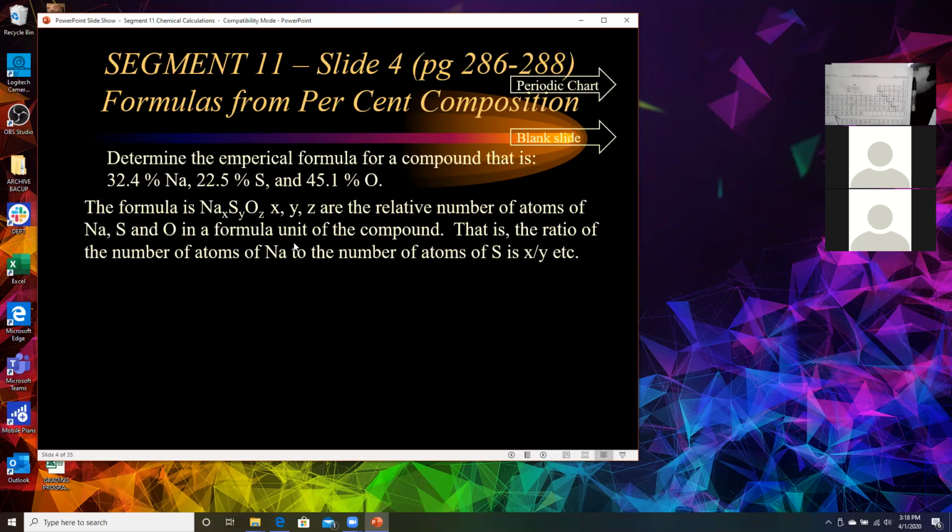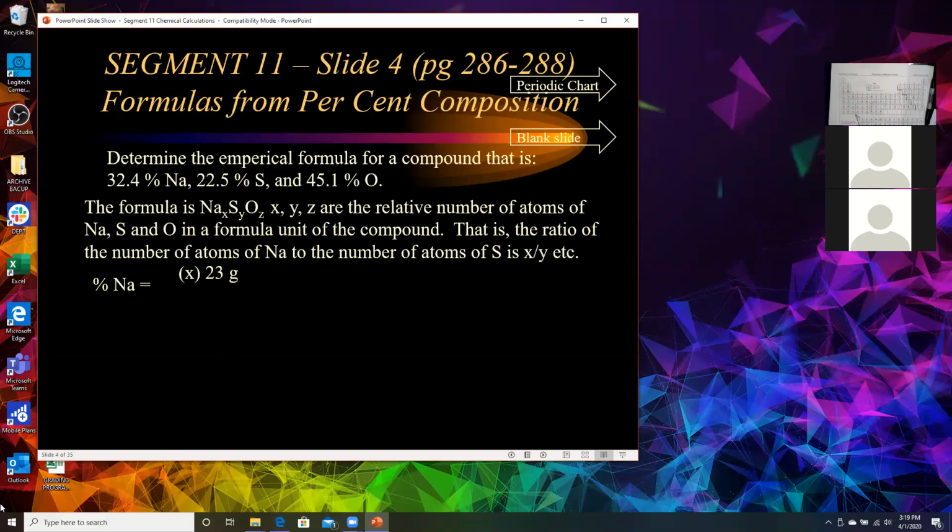So what we're going to do is this. The percentage of sodium, I said sulfur, is x atoms of sodium in the formula times the atomic weight of sodium, which is 22.99, but I wrote it 23 here.